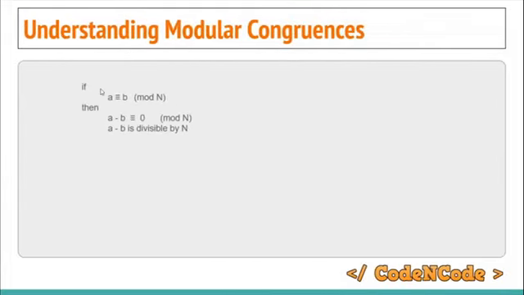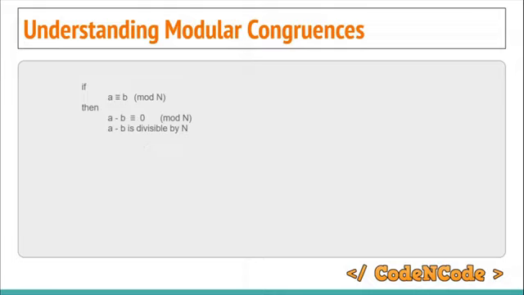Now one important property of congruency is that if a and b are congruent to each other under modulo n, then their difference is congruent to 0 modulo n. Their difference is congruent to 0, which means they leave 0 remainder when divided by n, and that indicates that a minus b or b minus a, that is their difference, is actually divisible by n.